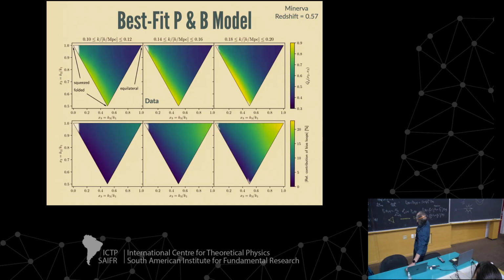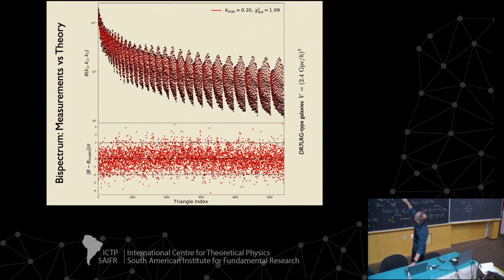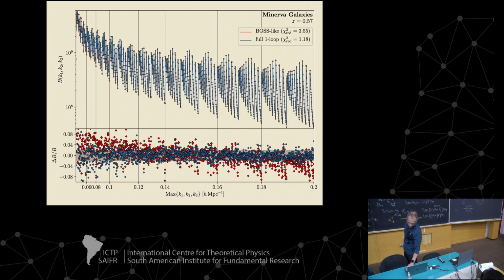Now this is the same, but looking at the contribution of the loop correction. You can see, of course, it's larger there. Now this shows you the whole thing, which is absolutely horrible. That's why I never showed this plot. There are 5,000 triangles, and each of them has a prediction. You can see the deviation from the model, once you include loop corrections, is pretty good, okay?